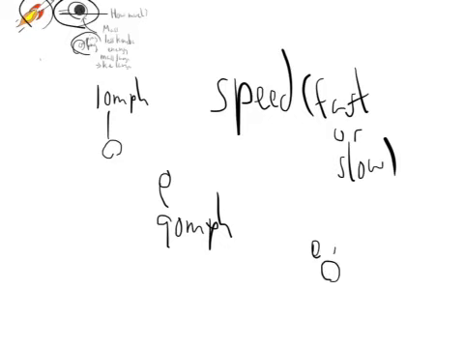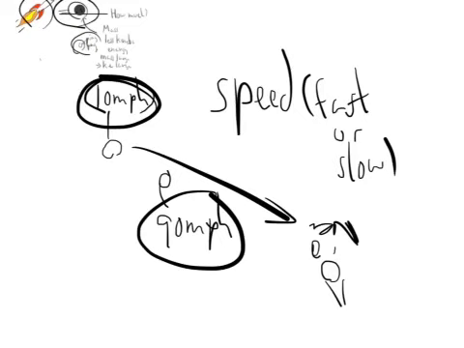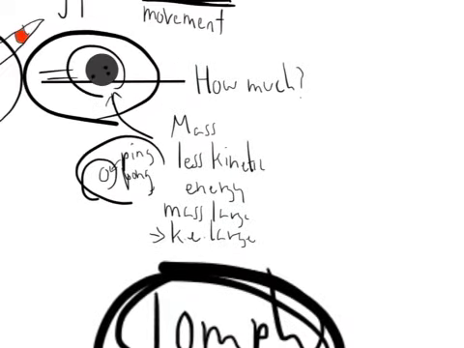Here's you going, oh my gosh, no! Now, would you rather get hit by the one going 10 miles per hour or the one going 90 miles per hour? Well, most of us are going to say 10 miles per hour because we know intuitively that that's going to hurt less. It has less kinetic energy. Right, so there's two things. Speed and mass. Both of them affect how much kinetic energy you have.